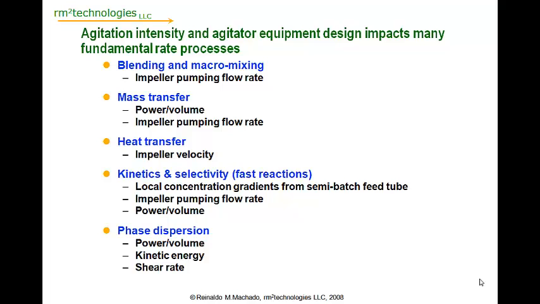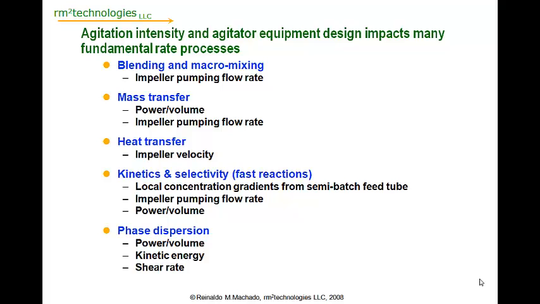Agitation intensity and agitator equipment design can truly impact many of these fundamental rate processes. For example, blending and macro mixing are affected mostly by the impeller pumping rate. Mass transfer can really be affected by a number of things, including the pumping rate of the impeller and the power per unit volume, which really breaks up the phases.